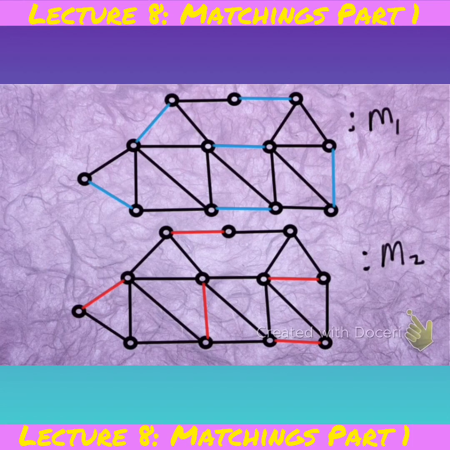Now if you look at M2, M2 doesn't have any edges in common with M1, and M1 doesn't have any edges in common with M2. So throwing the red and the blue edges together and looking at the resulting graph will give the following.